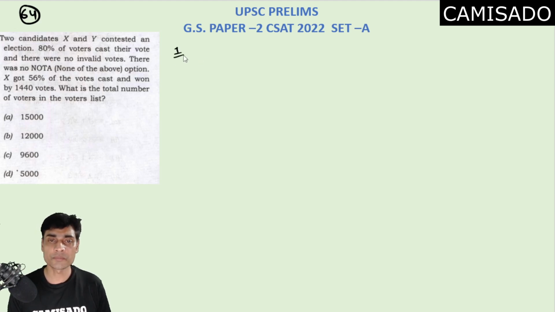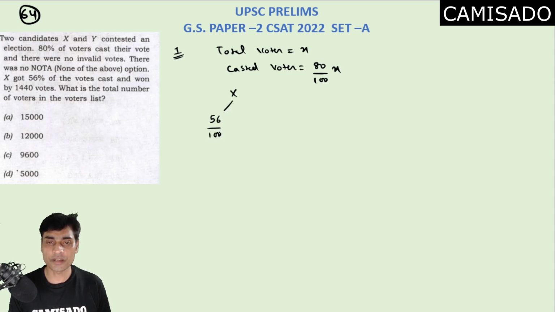First method is, suppose let the total votes be x. Casted votes will be 80% of x. So 80 by 100 into x. Now x has got 56%, so 56 by 100 of what? Casted vote.